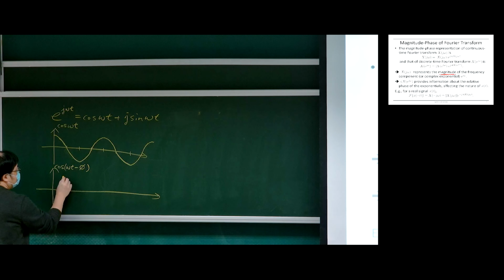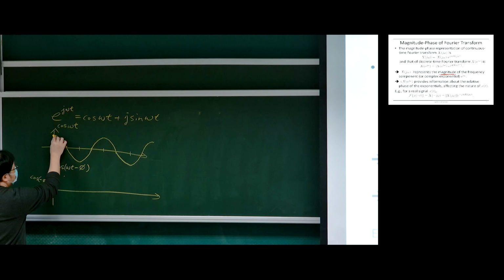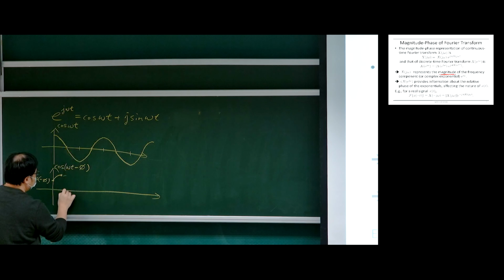This means that at the origin, the value of the signal is cosine of minus phi. So this means that the original peak now occurs a little bit later, resulting in something like this.